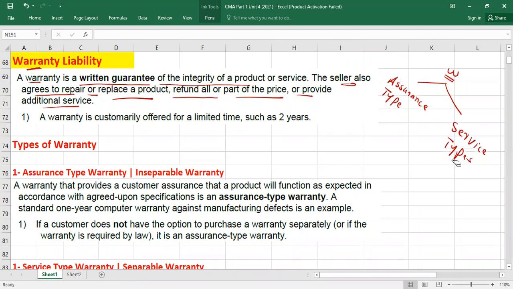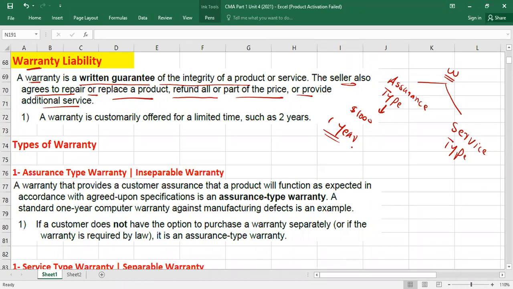Just to link the information: for example, you bought a mobile phone for $1,000. By default, in this purchase price, for how many years will the warranty be there? Mostly it is 1 year. Are you paying something extra for the warranty? No. That is why this is called inseparable warranty.